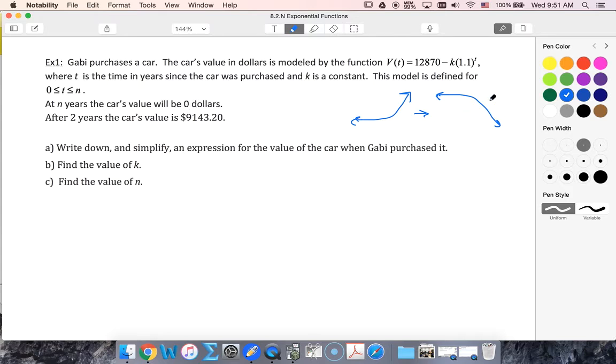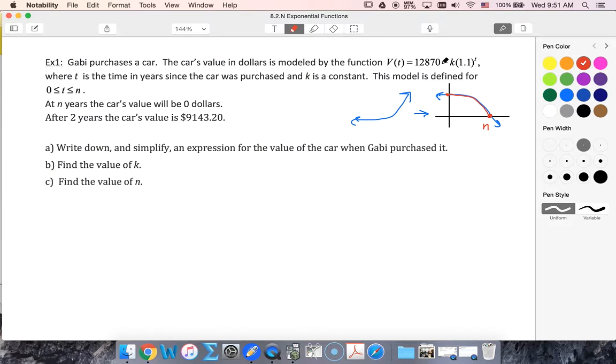So somewhere, if I have my axes, something like this, my value of n is going to be down here. And really, we're just looking at this portion of our graph from here to here. After 2 years, the car's value is just over $9,000.